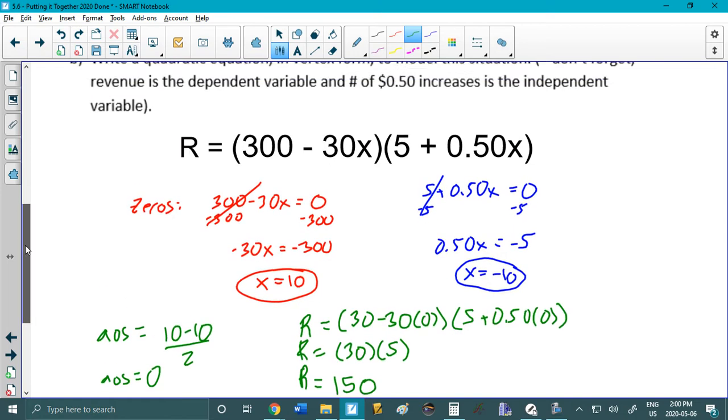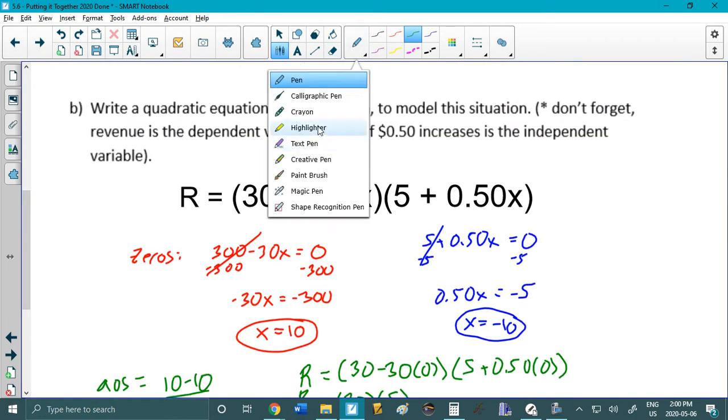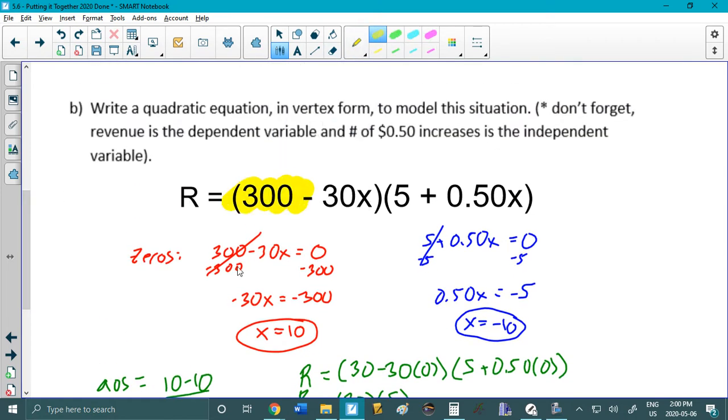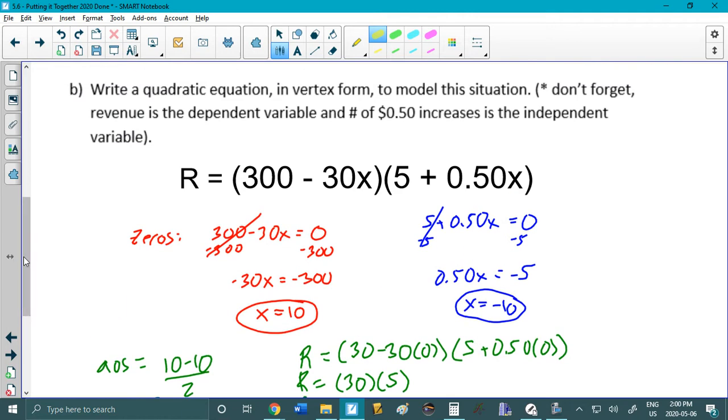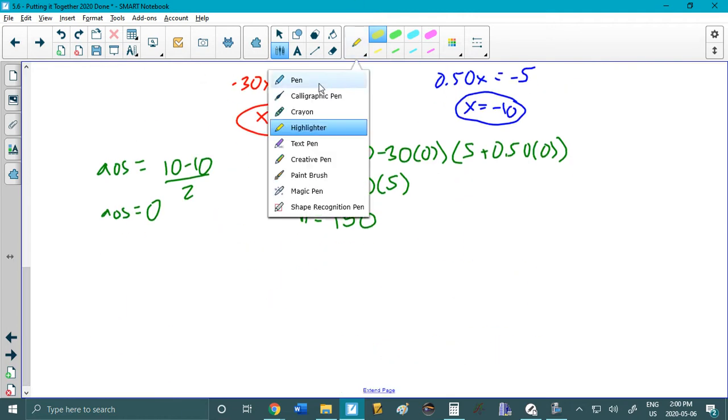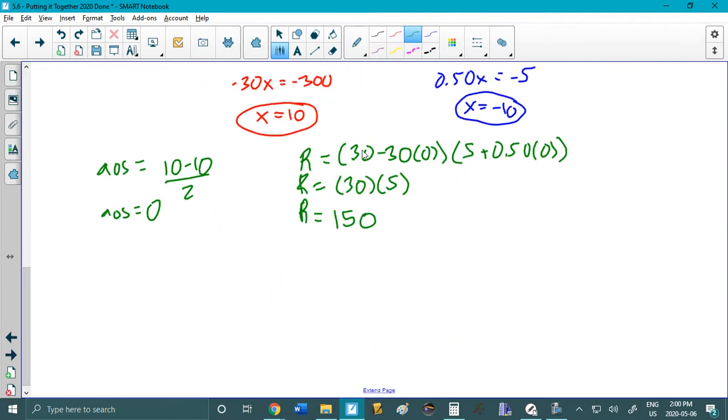I just made a silly mistake, as I often do. This is 300, right? It was 300 here, all good. And then down here, I put 30. So that should have been 300. So let's change that to 300. So 300, 300. And 1500 is now our answer, which makes a little more sense.